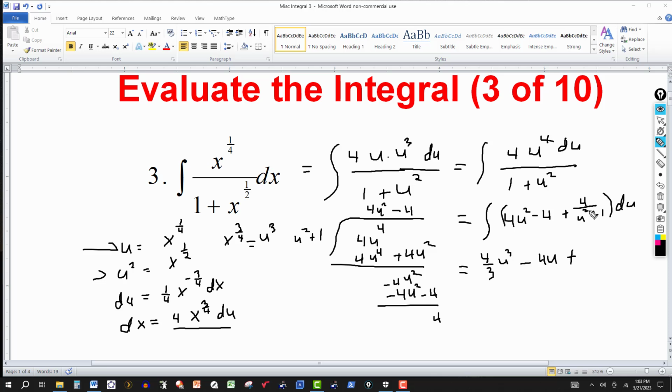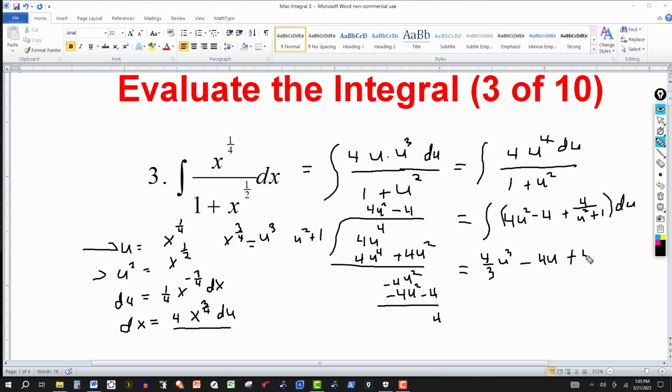And then the last one has the form of du over u squared plus a squared, and of course the 4 is the coefficient there. But if you just look at du over u squared plus a squared, where a is 1, 1 squared is 1, that's the integral that leads to inverse tangent, or arctan.